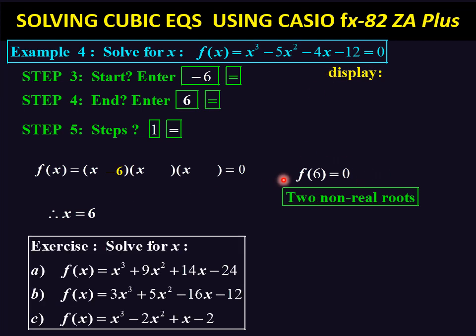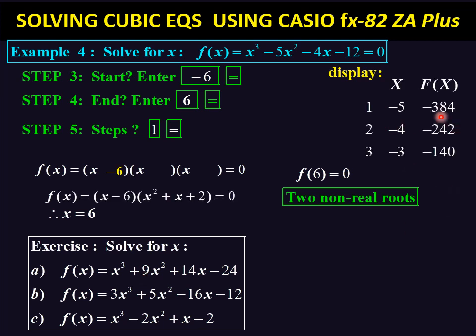There's no others in my table on my calculator. So this one only has one real root. The other roots are non-real. The same way, I'd like you to try this, and then you can verify your answers afterwards. Thank you very much.